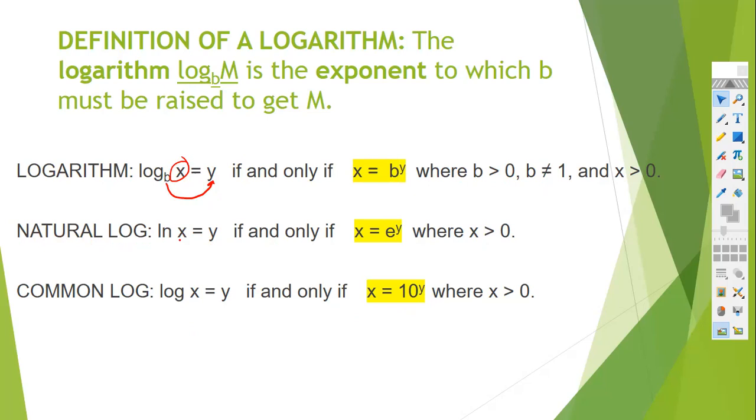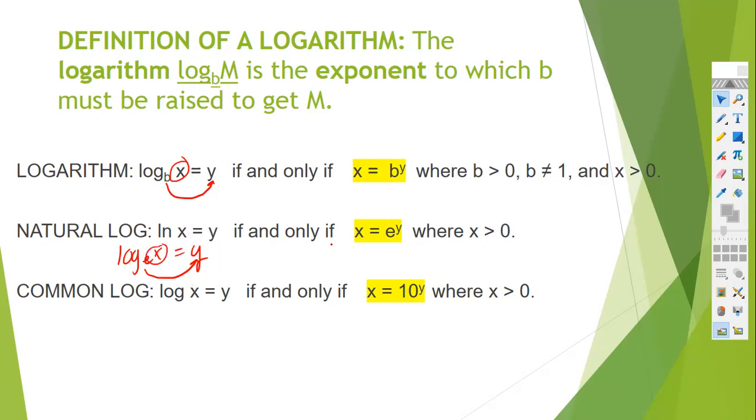Natural log. Natural log is ln of x. Natural log is saying that you have log base e of x equals y. Again, the base is e, to the power of your y, and what's left is your x.